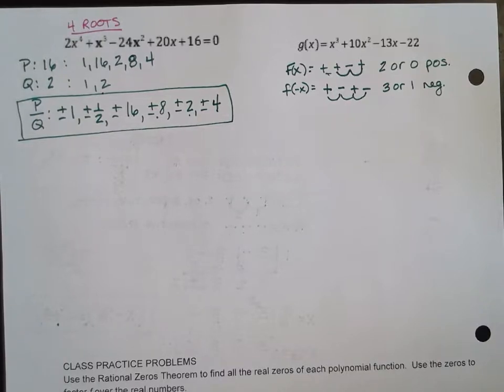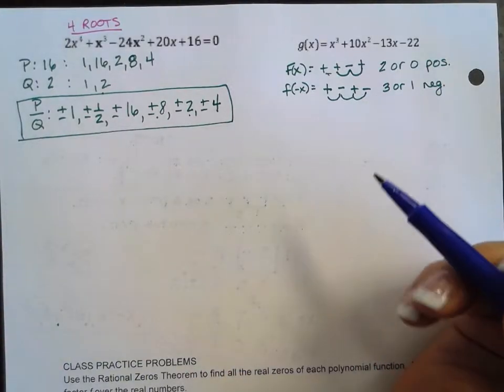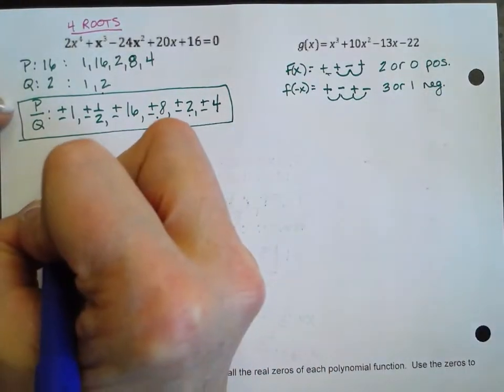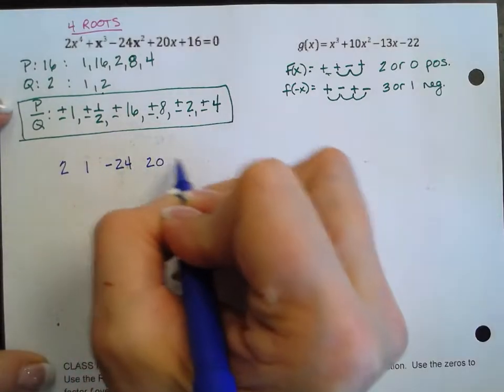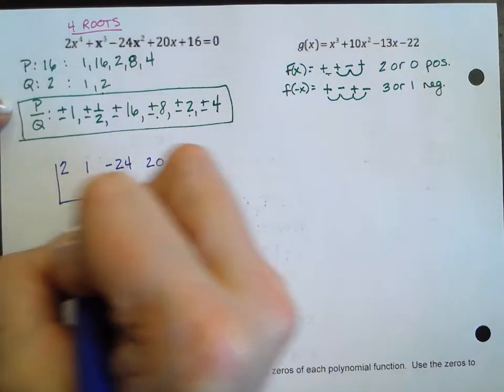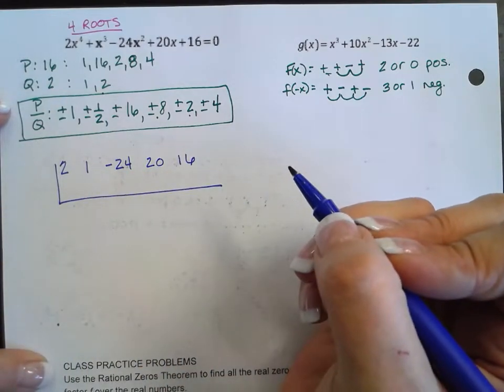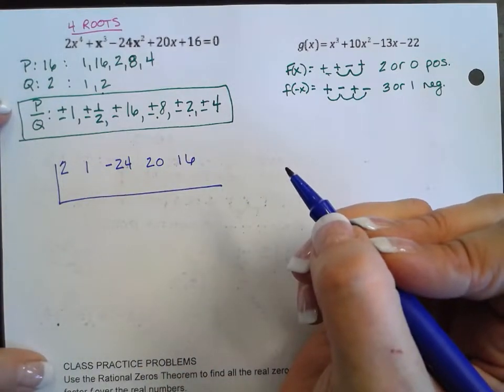So when I'm looking for my factors, I might choose a negative one first. So what would you like to choose? What do you think?